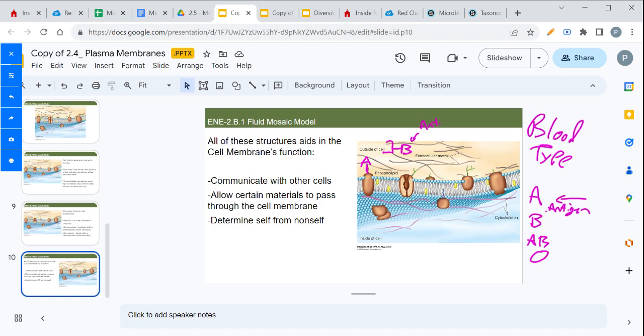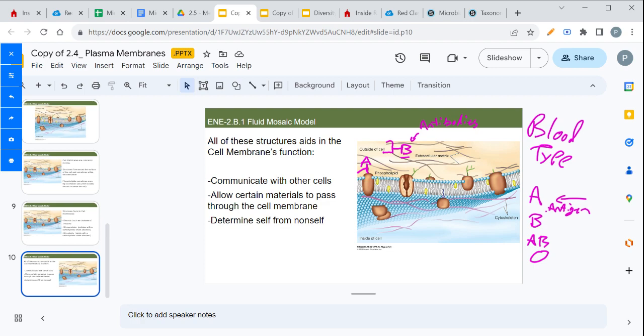I'm going a little bit off script, but just follow me for a second. These B antibodies are looking for the B antigen, but this body has the A antigen, so it's not going to get affected by it.